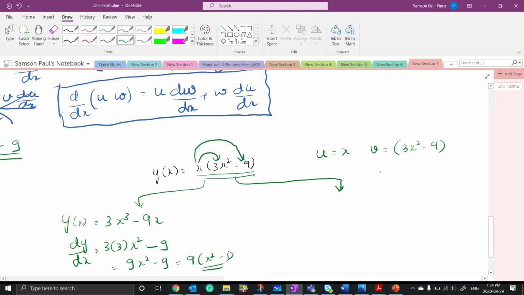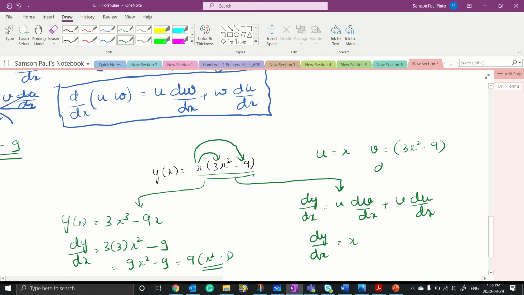Let me first write down the formula for you. dy by dx is nothing but u dv by dx plus v du by dx. Let us just solve using this method now. dy by dx is nothing but u times the differentiation of this function.